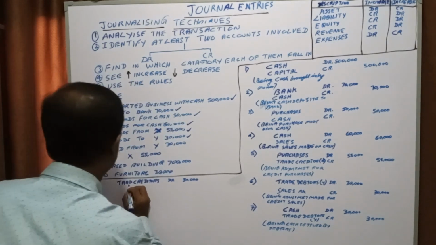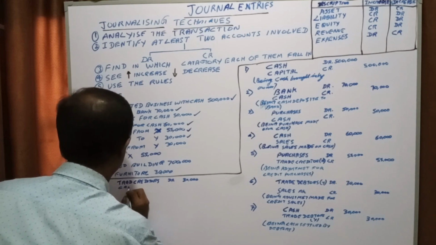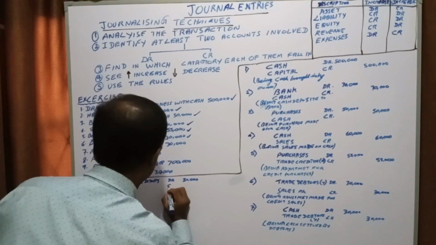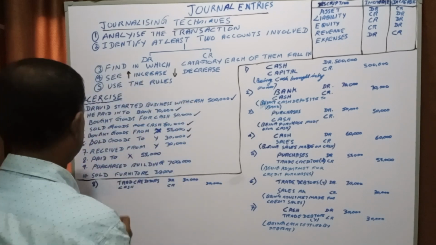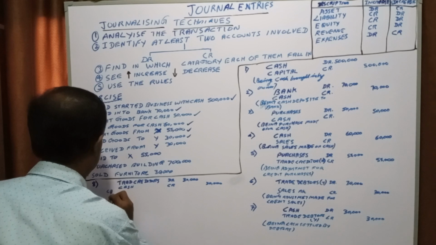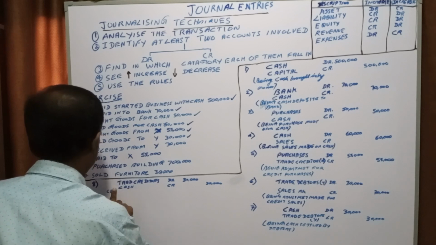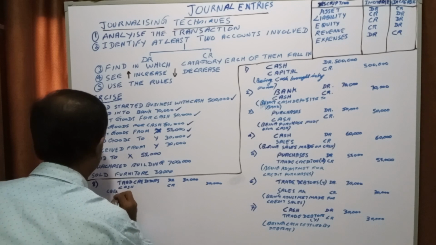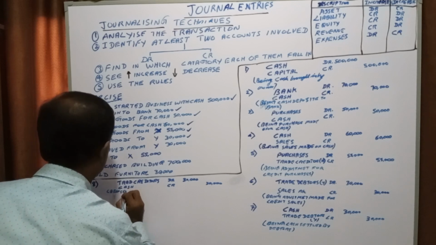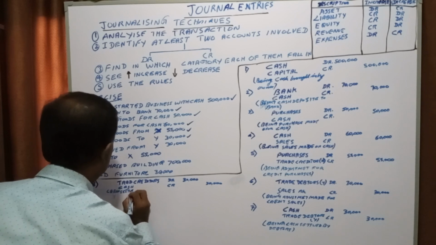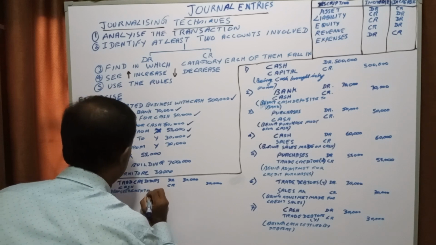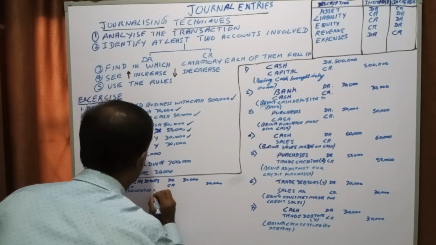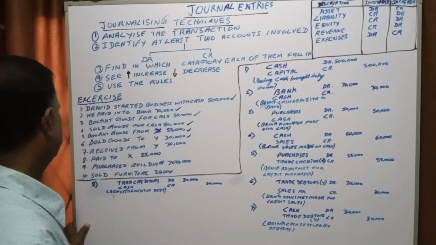Okay, cash account credit 55,000, being settlement of debt.